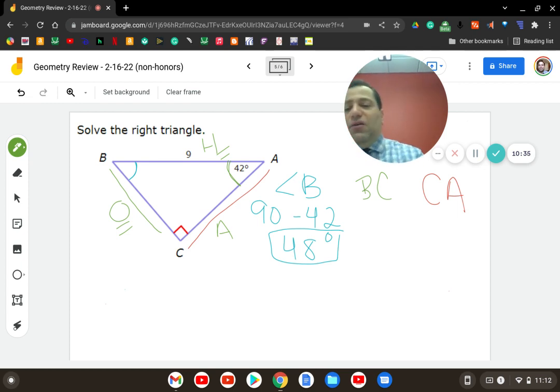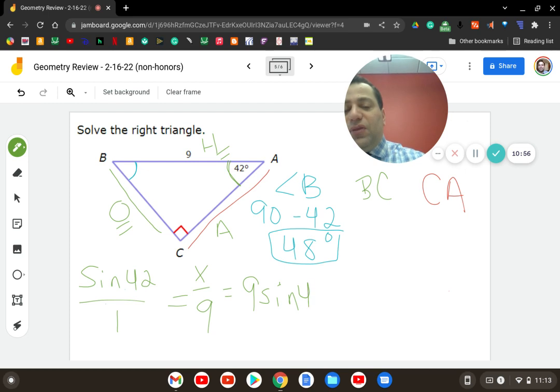So the sine of 42 over 1 is equal to x over 9. Using cross multiplication, I can see that 9 sine of 42 will get me my answer. I plug 9 sine of 42 into the calculator, and I get 6.02, or 6.